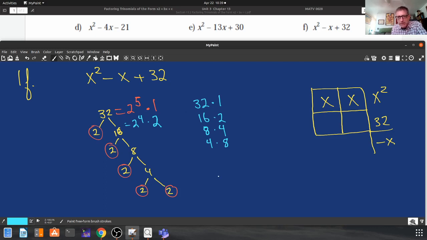So if I choose 32 times 1, I have to choose instead minus 32 times minus 1. So let's try that. That gives me 32, but then that gives me minus 32x minus x. And that's minus 33x, so that's not going to work.